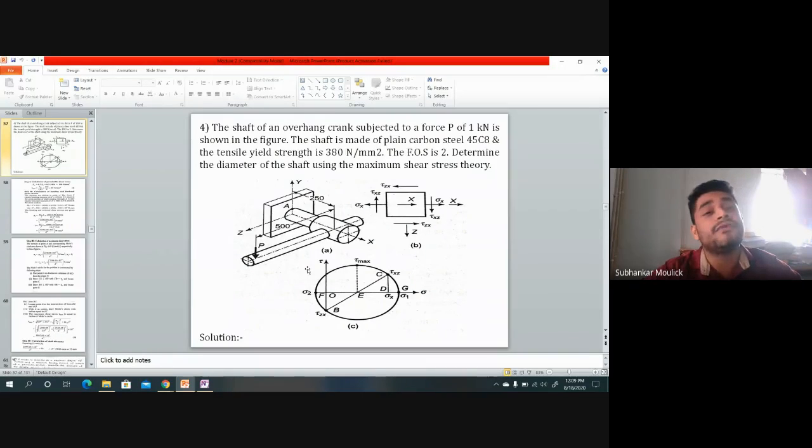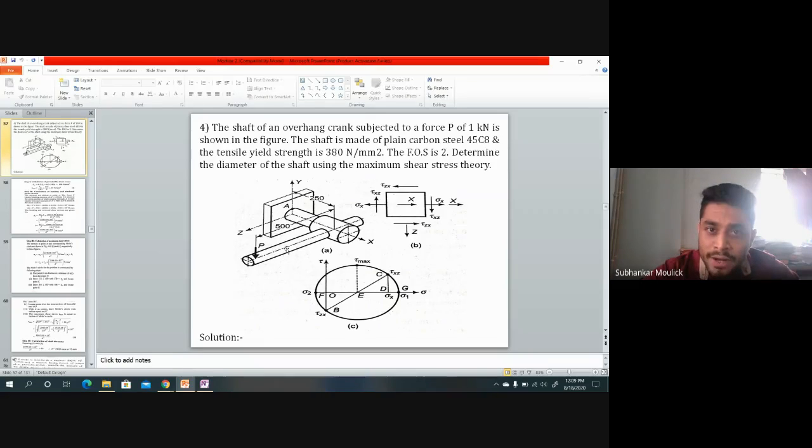And you know that when you test that specimen in UTM, the maximum shear stress is given by SSY, which is 0.5 times SUT. We have already derived that. So SSY will be equal to the maximum shear stress of this problem.